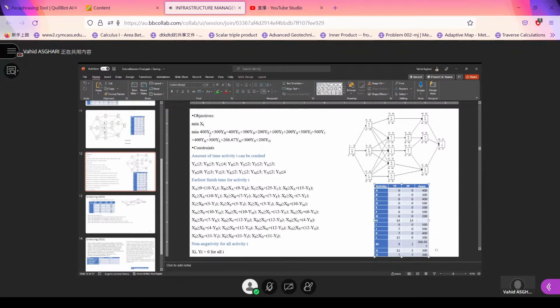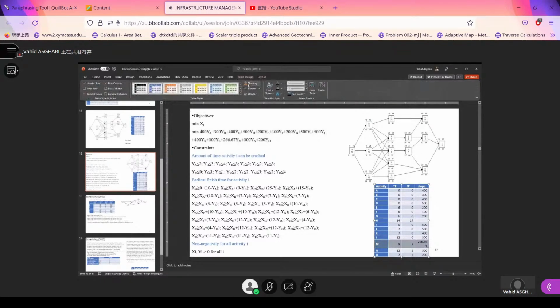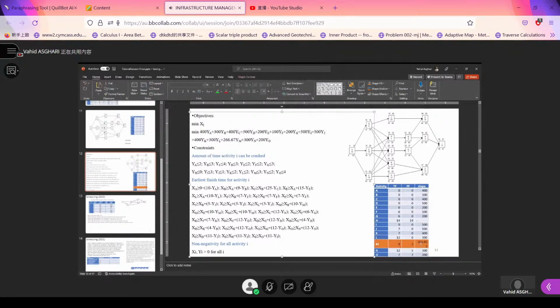Similarly, we write it for all other activities. We need to have the slope for all of them. For example, for activity M, we have 266.7 times YM. But activity H cannot be crashed and is also not provided in the objective function.